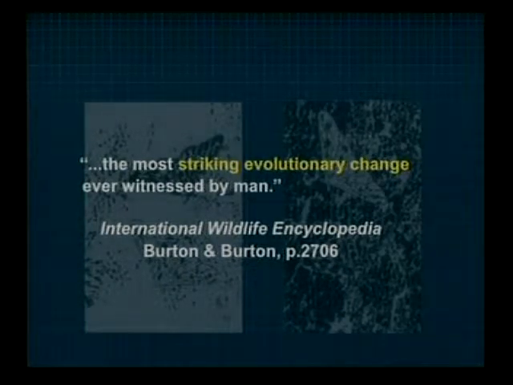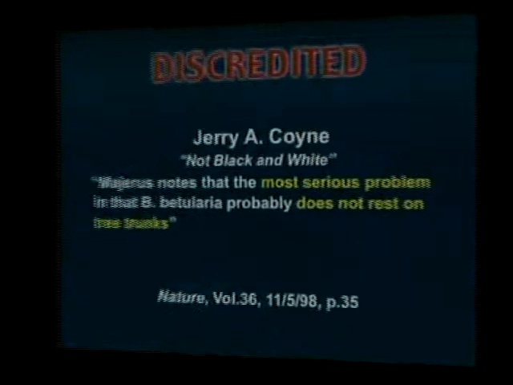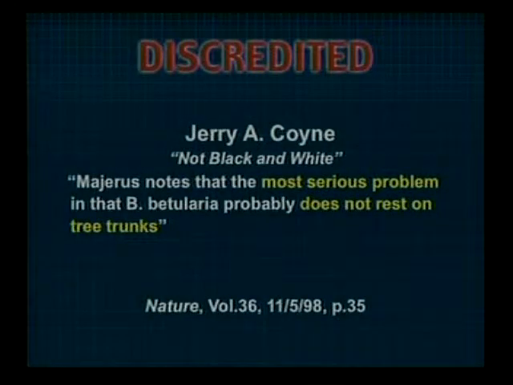I think they're right. I think that's the best that they can come up with, which is encouraging. But it says nothing about general evolution. The special theory is the best, and it's not even a real good example of that.